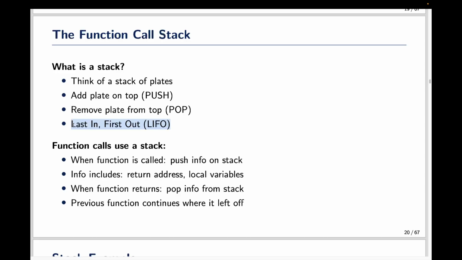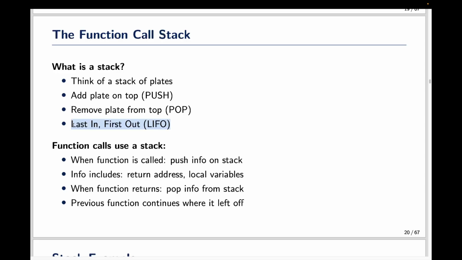You want to restore them when you come back. So all those variables are pushed on that stack, and when you come back, whatever you put in most recently, you get out first. That's why it's called last in, first out.